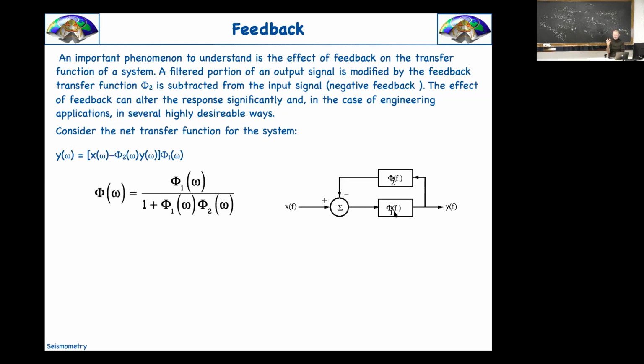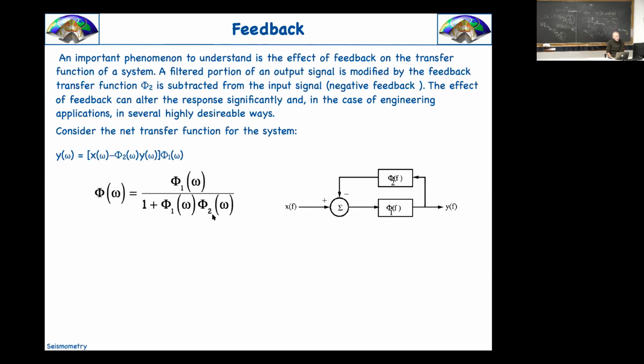Now, let's imagine creating this feedback here and applying a very simple filter, maybe plus or minus. The new transfer function can be written as a net one like that, because we have a feedback. So if you want to write the new transfer function, it's the original one, but modified by this.